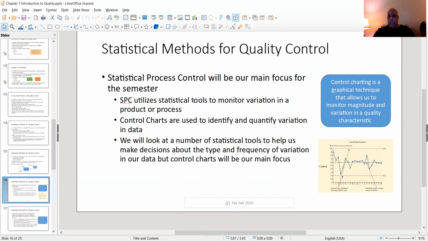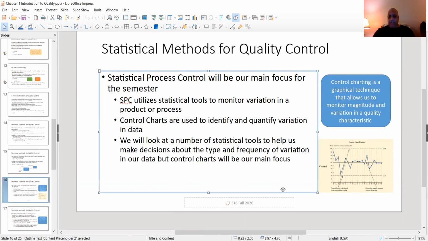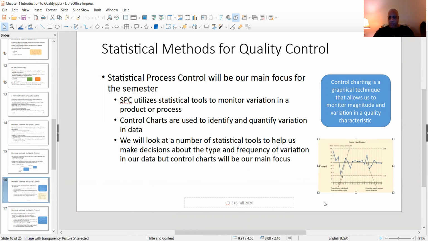Now, again, control charting is a graphical technique that allows us to monitor magnitude and variation in a quality characteristic. And at the bottom of my slide, you will see an example of a control chart.